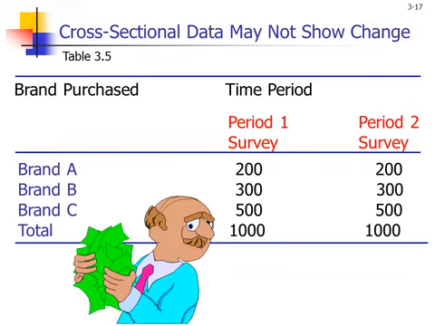Then, longitudinal data enable researchers to examine the changes in the behavior of individual units and to link behavior changes to marketing variables such as changes in advertising, packaging, pricing, and distribution.